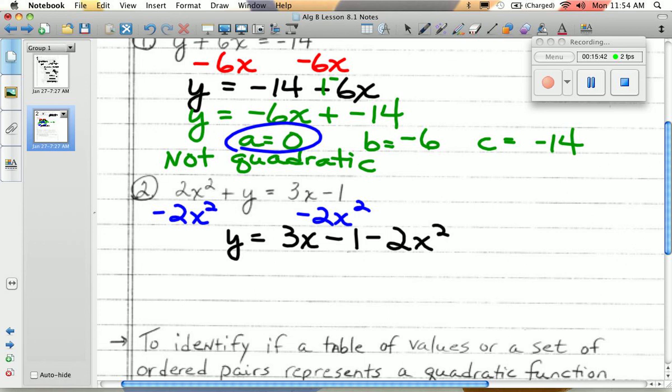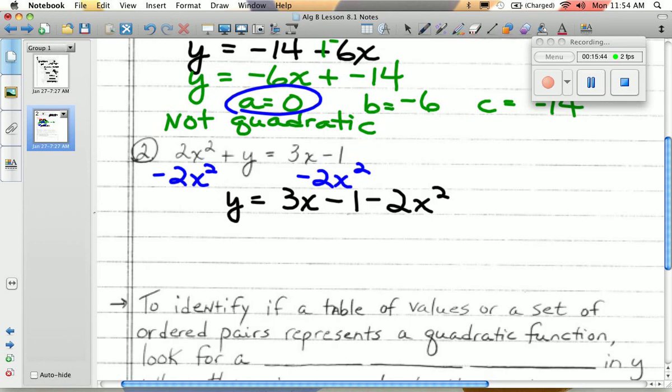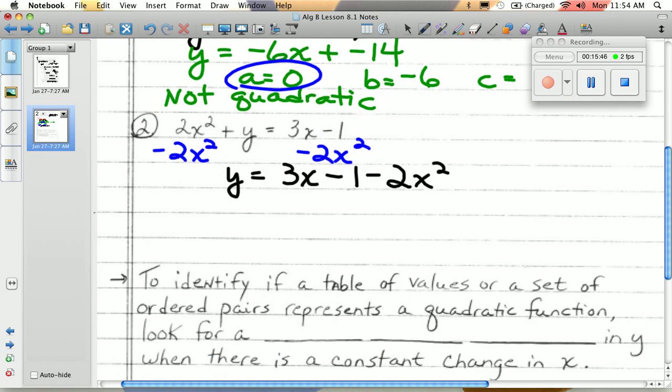And then, doing one of our favorite things, change it to add the opposite. Why is changing it to add the opposite useful here? Because what do we need to do next? Rearrange it. We need to put it in standard form. So what's that going to look like? Y equals negative 2x squared plus 3x plus negative 1.